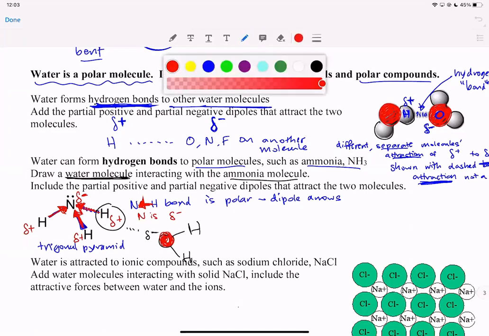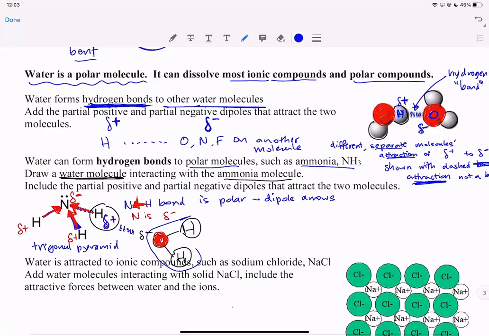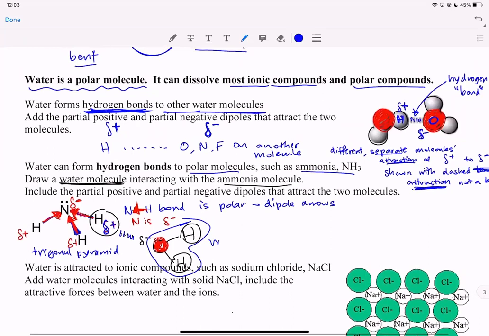And those are hydrogens that are also bonded to the oxygen. So the partial positive here on this ammonia molecule is attracted to the partial negative on a different molecule. This is the water molecule. So you've got the partial negative on the water, which is the oxygen, the red, and this is attracted to the partial positive. So this is the hydrogen bond right there.